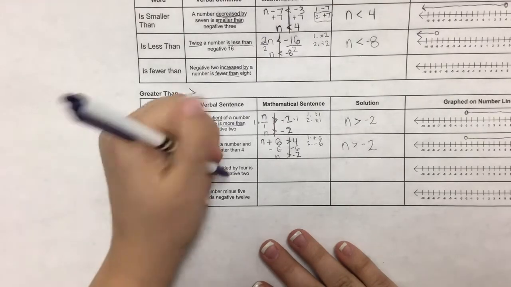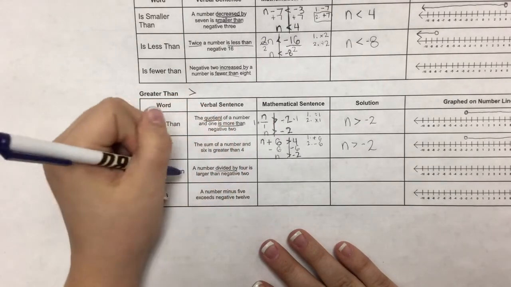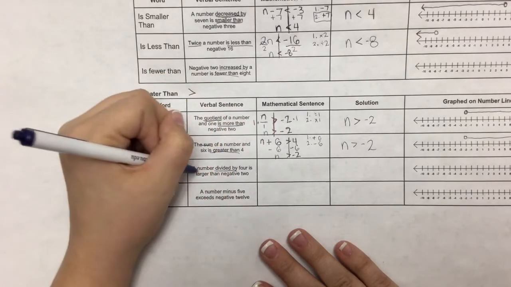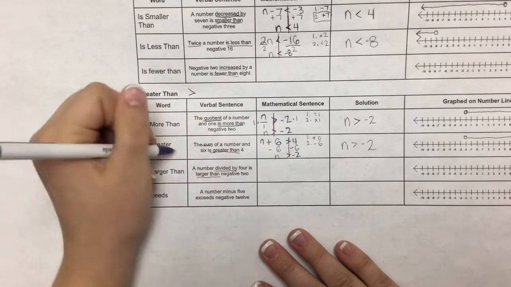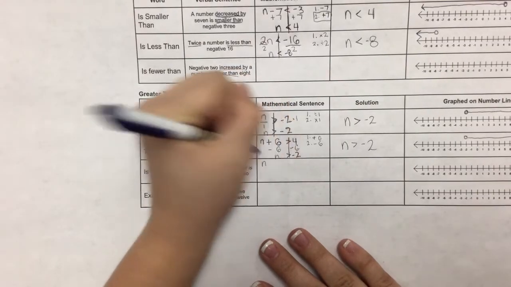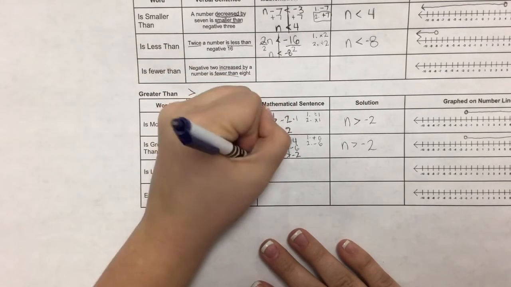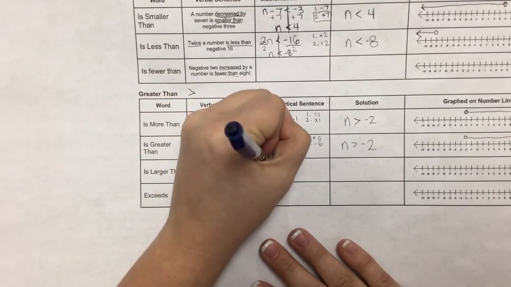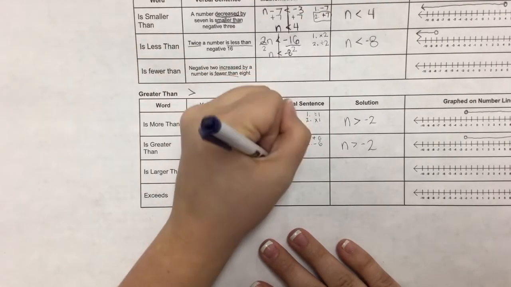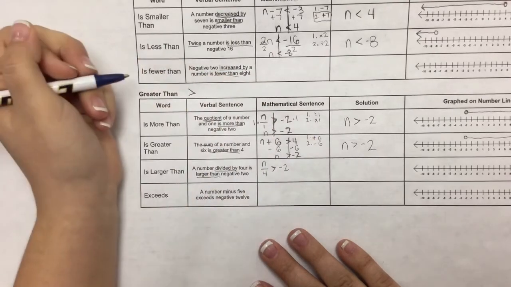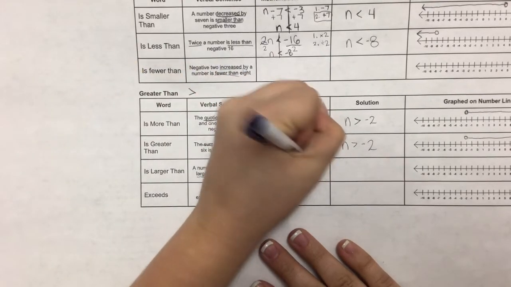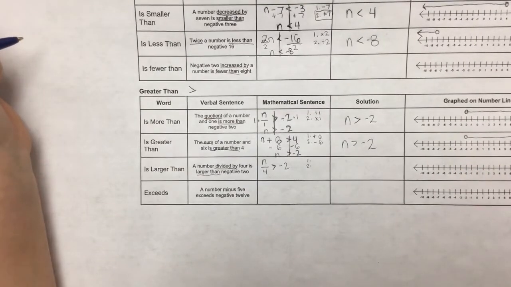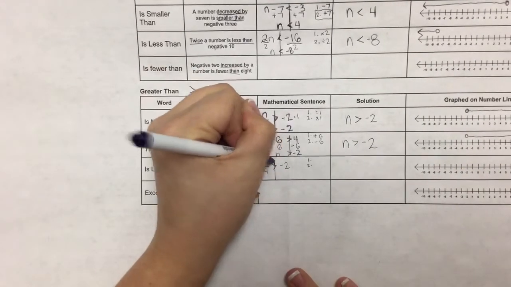A number divided by 4 is larger than -2. So we have a number, because it's first, divided by 4 is larger than -2. Okay, make sure to do your 1, 2s, put your solution, put your graphing, and draw your line.